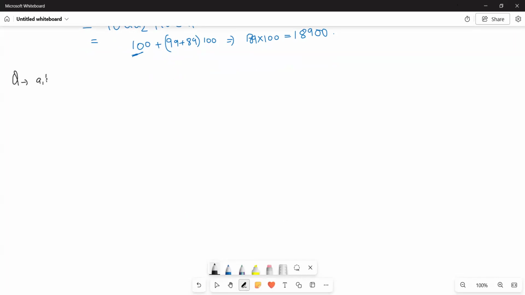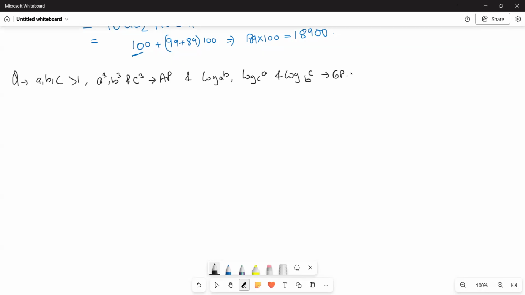Question. If A, B, C are three numbers greater than 1, such that A cube, B cube, and C cube are in AP, and log of B to the base A, log of A to the base C, and log of C to the base B are in GP.